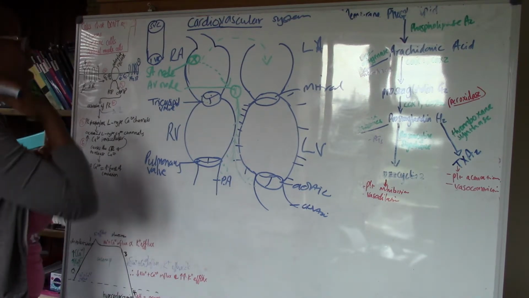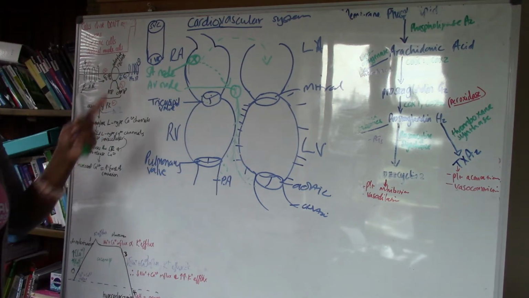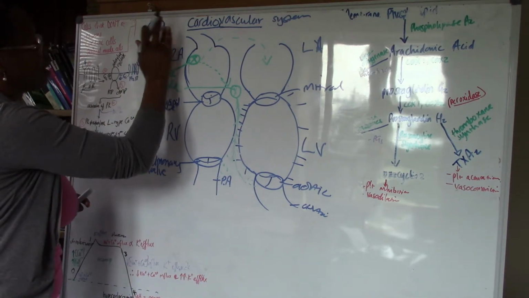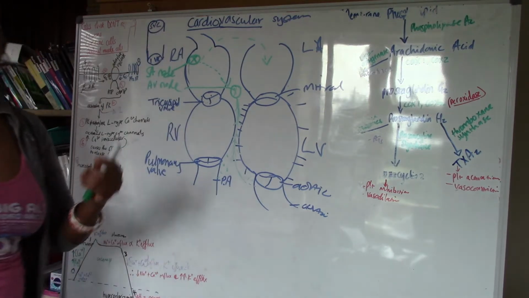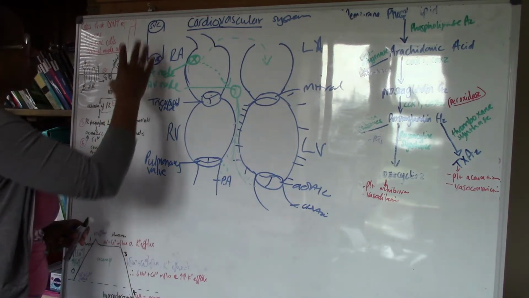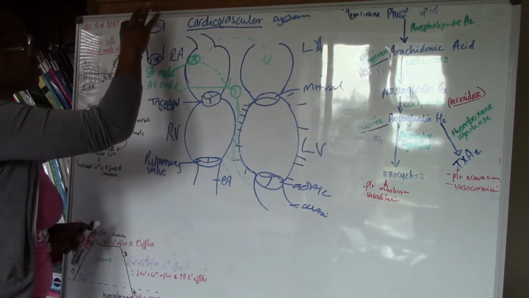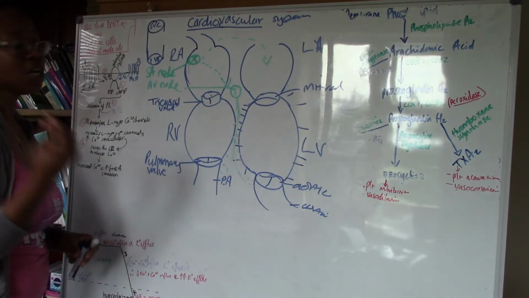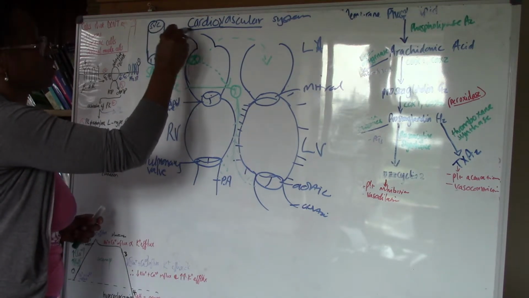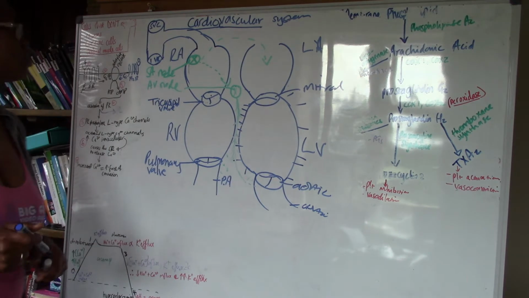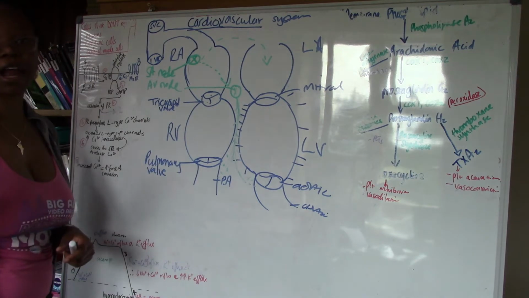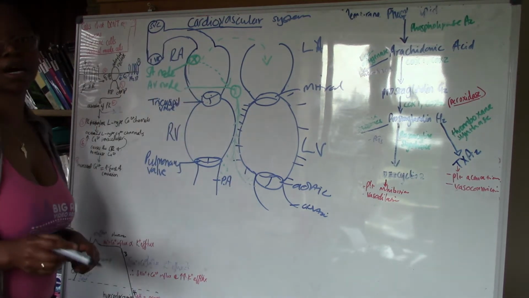And the inferior vena cava brings blood from the rest of the body inferiorly. There is an azygos vein, which joins the inferior and superior vena cava together. But the important thing is that all of those drain into the right atrium. So we have deoxygenated blood coming into the right atrium.